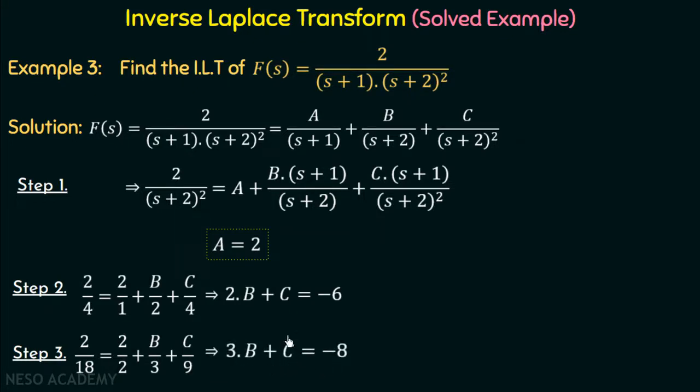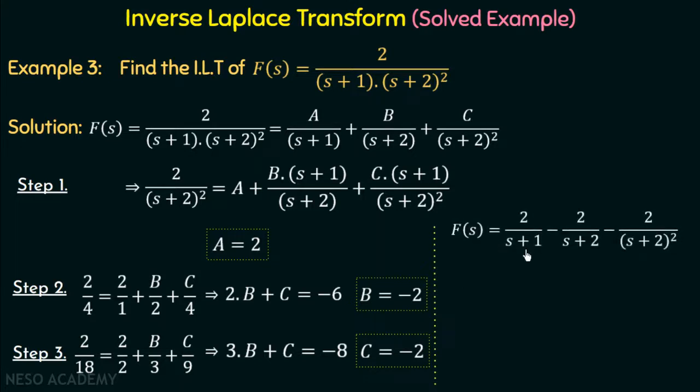Now we have two variables and two equations. If I subtract this equation from this equation, we will get the value of B equal to minus 2. And if I substitute the value of B in this equation, we will get C equal to minus 2. So now we are done with the calculation of A, B and C, and we will now put all these values in this equation, and we will get F(s) equal to 2 over (s plus 1) minus 2 over (s plus 2) minus 2 over (s plus 2) whole squared.